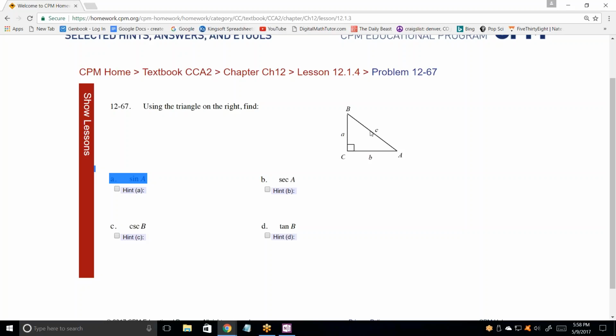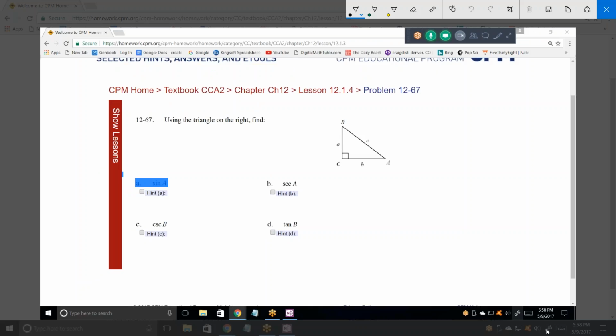C over A. No? Here. The things you got to know are your reciprocals. So the secant of A is 1 over the cosine of A. Okay? Well, 1 over the cosine of A is B over C, so that becomes C over B.